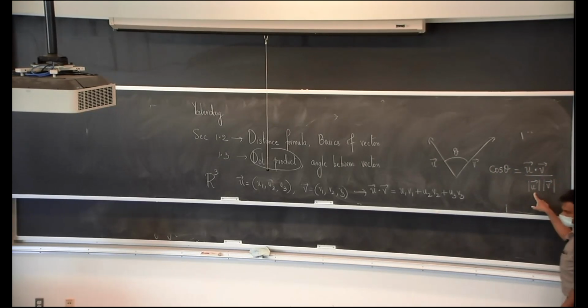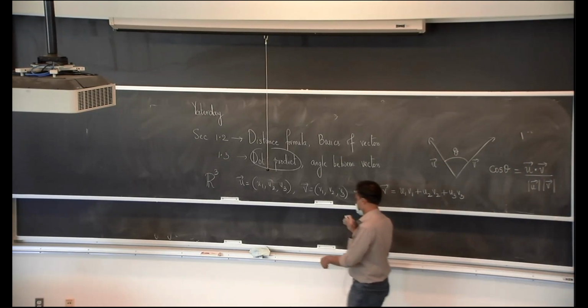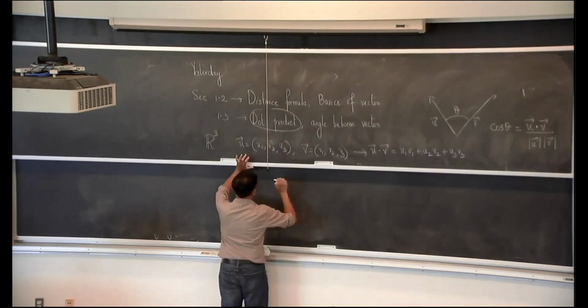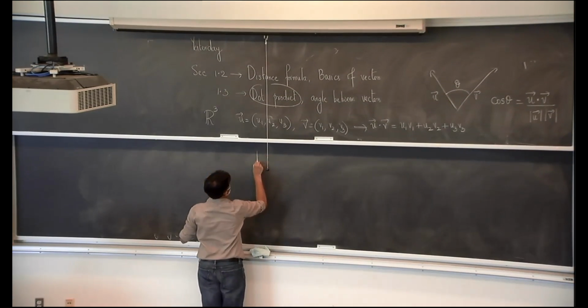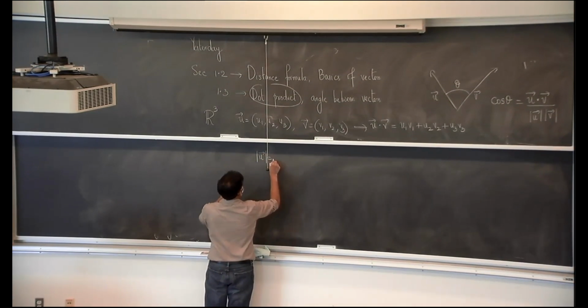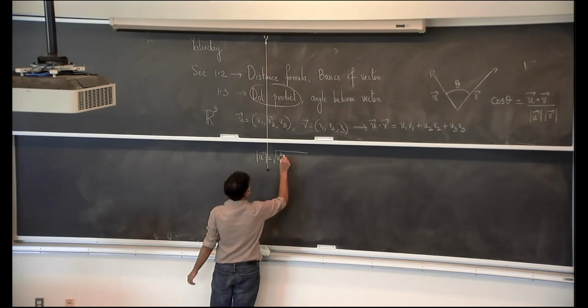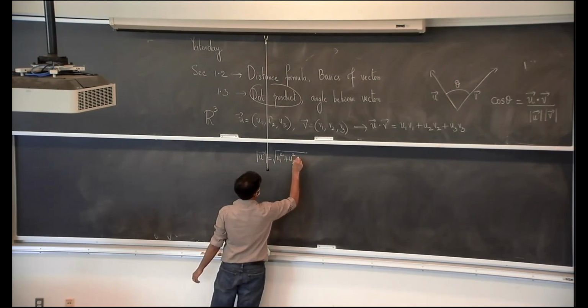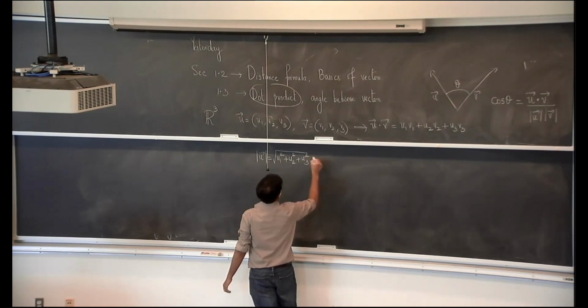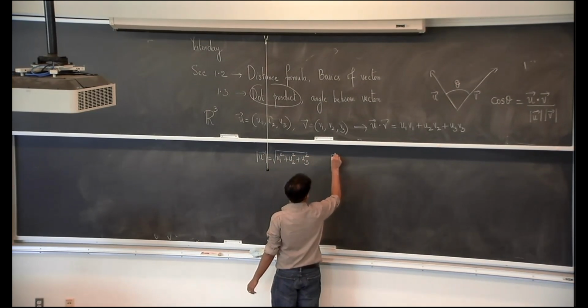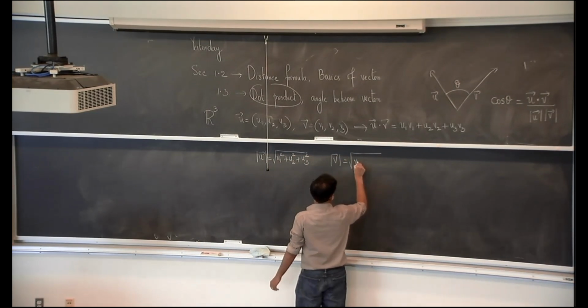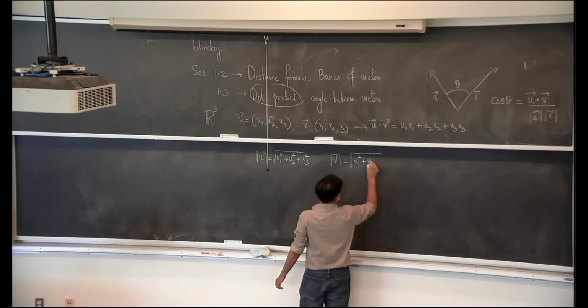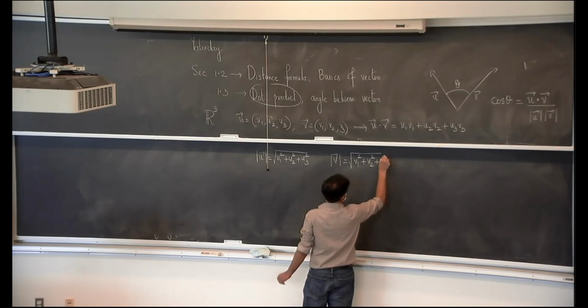If you recall from yesterday's lecture, the magnitude of u is the square root of u1 squared plus u2 squared plus u3 squared, and the magnitude of v is the square root of v1 squared plus v2 squared plus v3 squared.